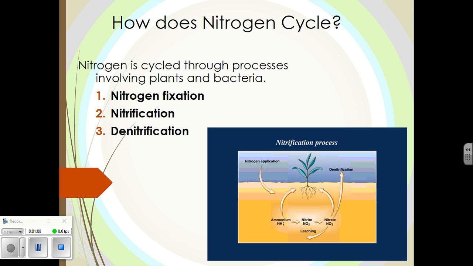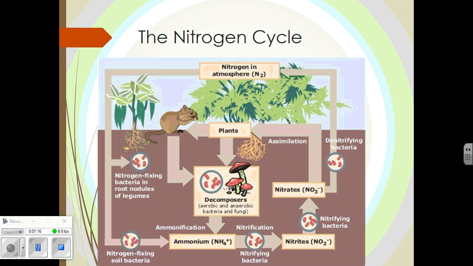These three processes are how nitrogen is cycled through the atmosphere, into the bodies of plants and animals, and through the ground and through waterways. The nitrogen cycle involves moving nitrogen from the air down into the ground, where it gets changed by bacteria or by the roots of special plants called legumes.